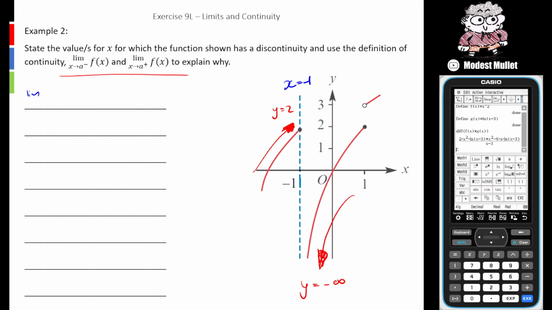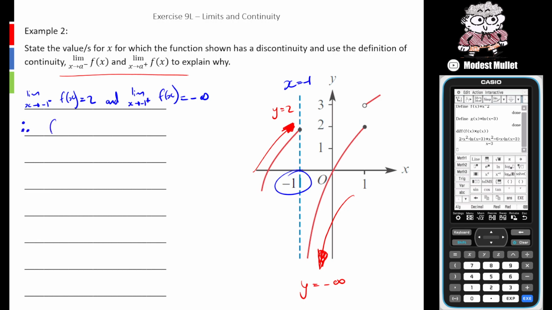So the limit as x approaches -1 from the left-hand side of f of x is getting closer to 2, and the limit as x approaches -1 from the right-hand side, from more positive values, of f of x, the y values are clearly getting closer to negative infinity.